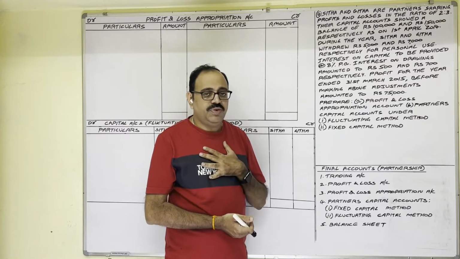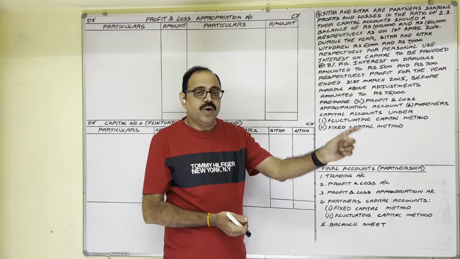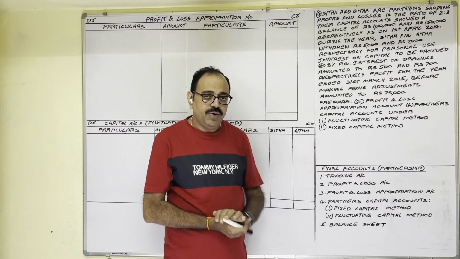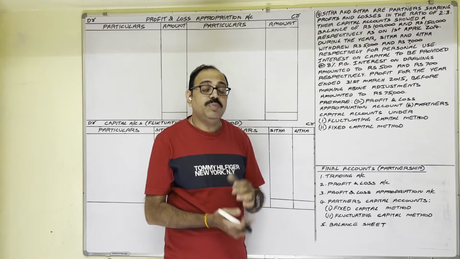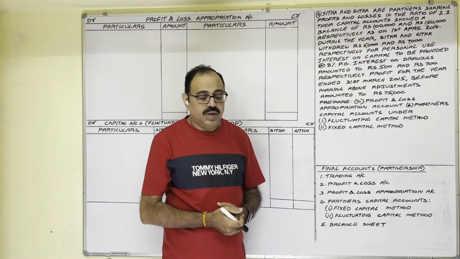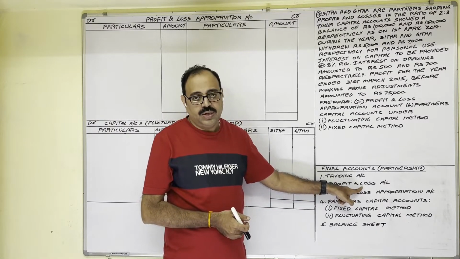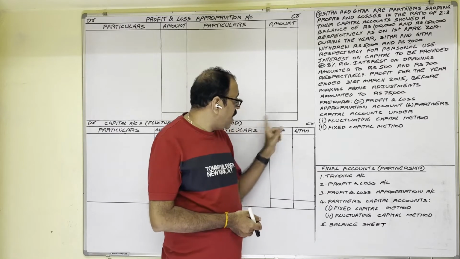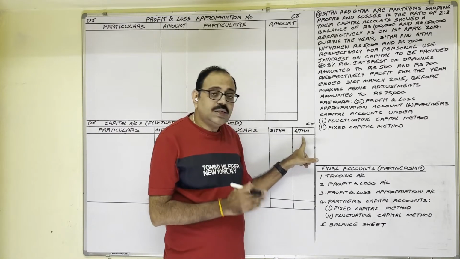Suppose the partnership firm paid salary to an accountant. Accountant is an employee, no? So to one employee we are paying salary. This is a business related expenditure. In the P&L account, we should show this on the debit side. Suppose among Sita and Geeta, Sita is the active partner and Geeta is the sleeping partner.